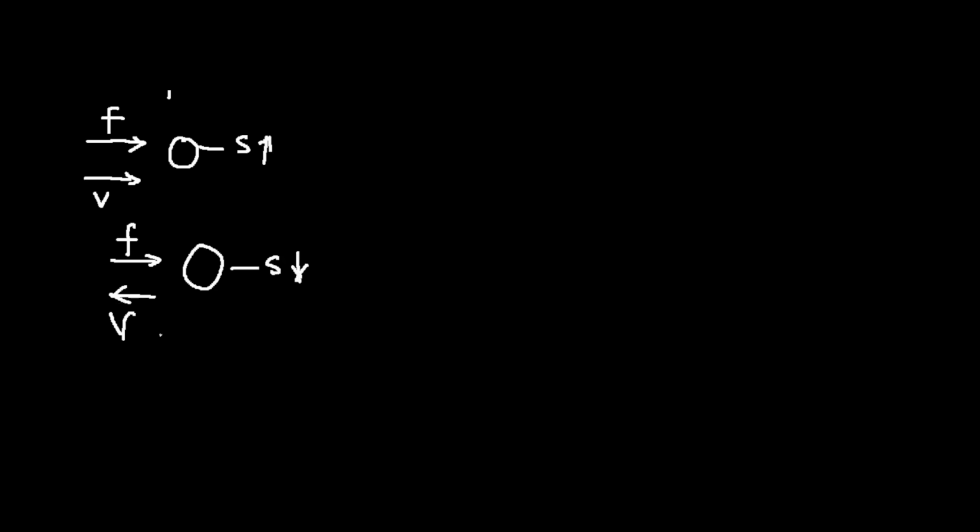So what happens if force is perpendicular to velocity? What will happen to the speed? The speed of the object is going to be constant. Or is it going to be constant only?